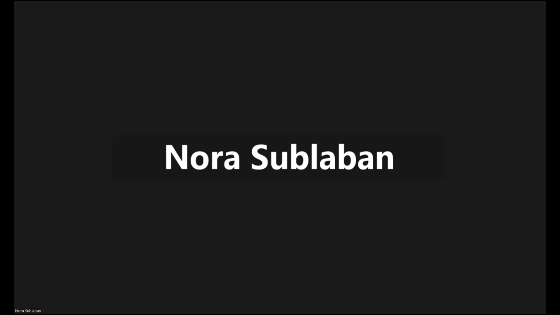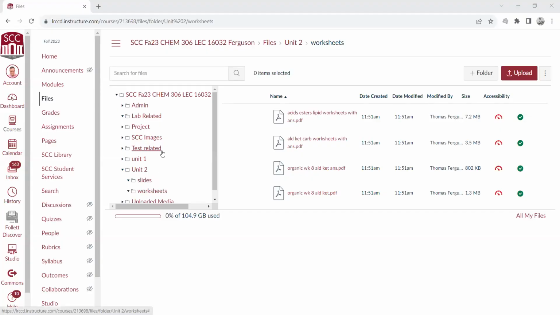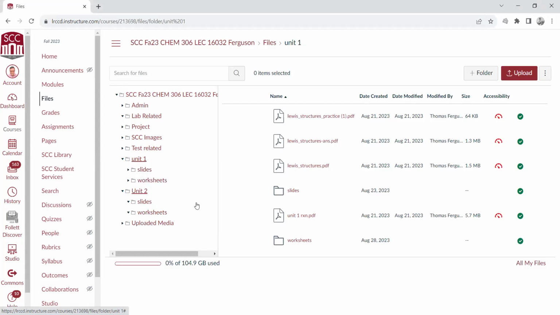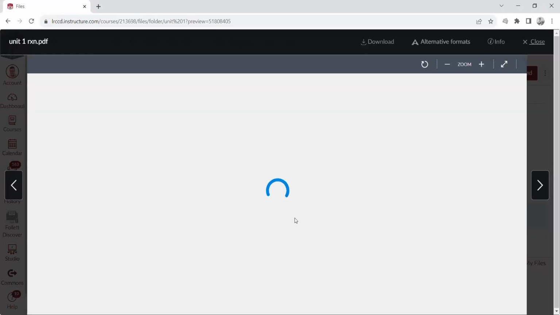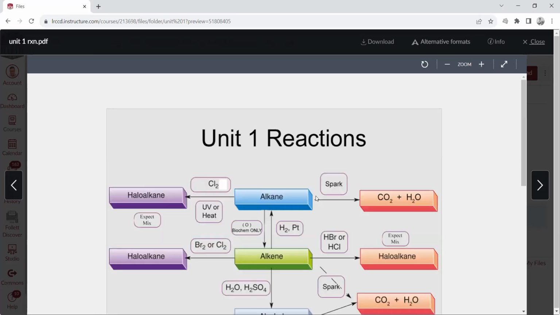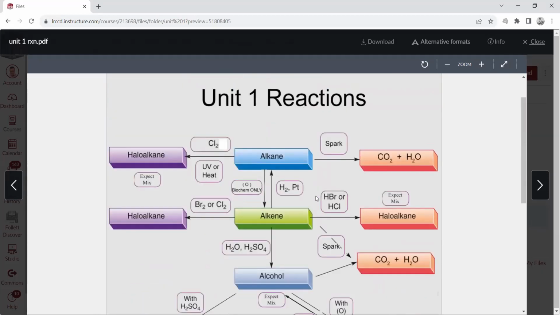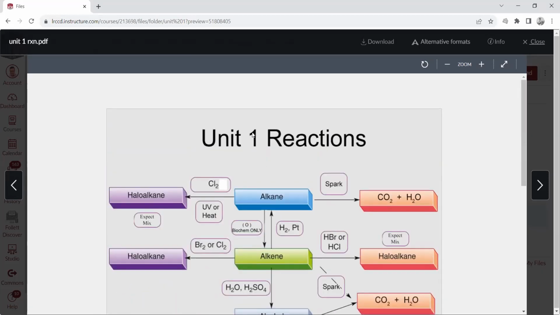Yeah, this one here, I think I already printed that one out. I'm going to have one of these for unit 2.